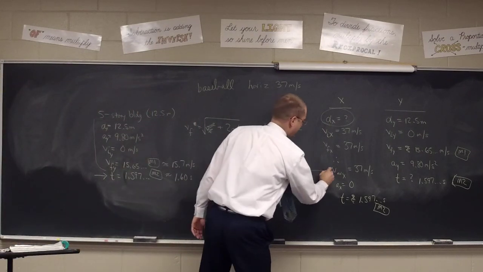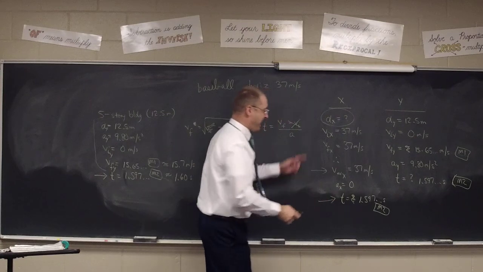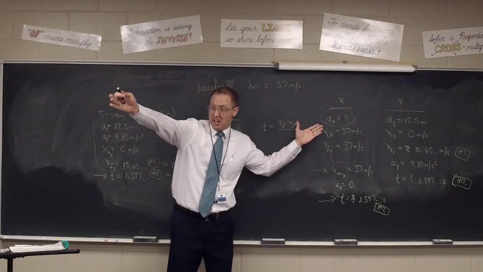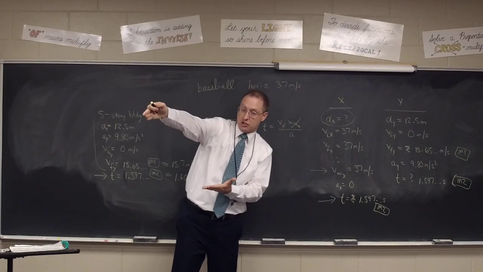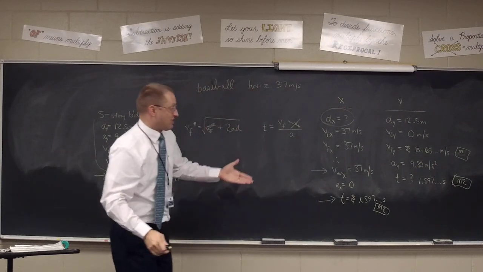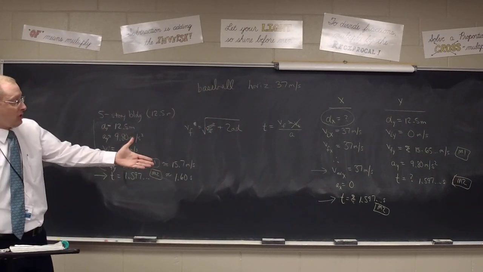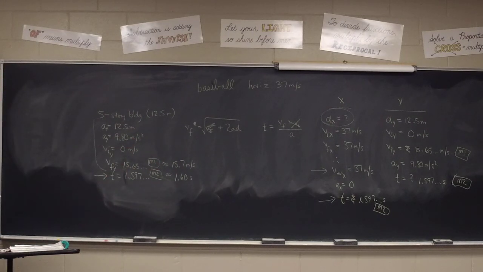Well, if I know average velocity and I know time, if I just multiply, I get displacement, right? Looking at the one right next to the guy's shirt. So take the time, it's memory 2 in your calculator, multiply it by the 37 average in the x, which is also initial, which is also final. How far does this ball go? 59 meters.